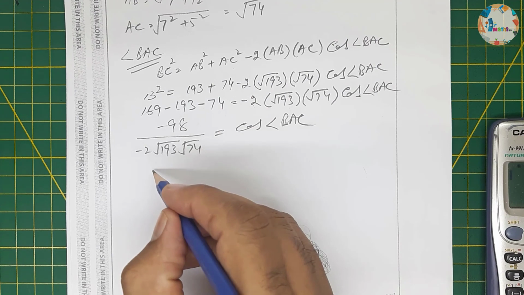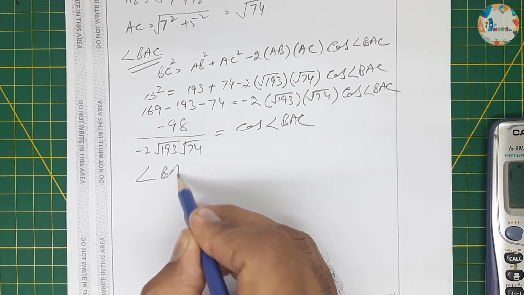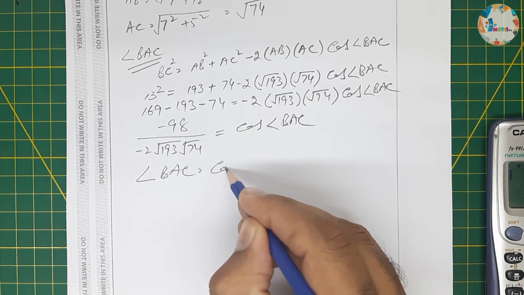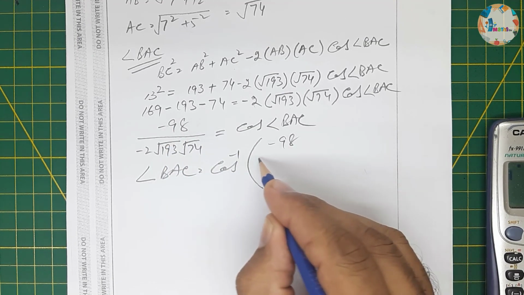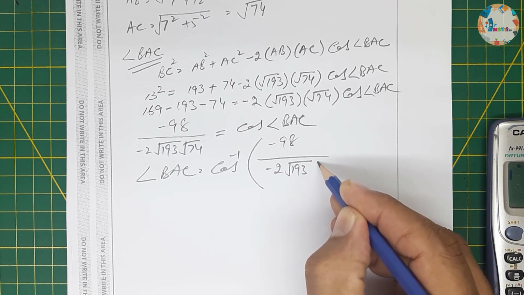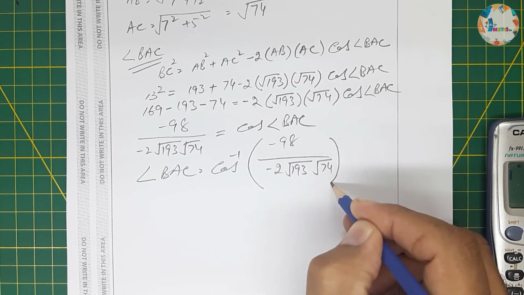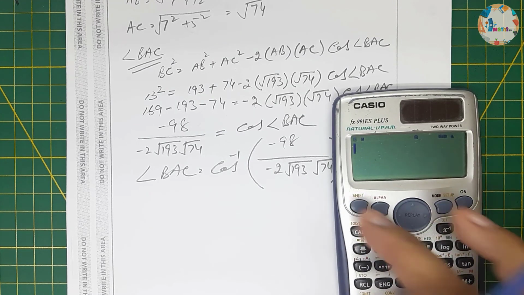Okay, so angle BAC will be equal to cos inverse of this value, which is minus 98 divided by minus 2 and root of 193 and root of 74. This one we can in one go calculate.